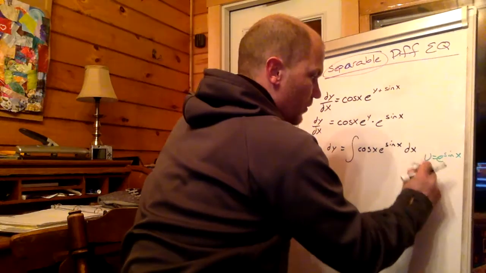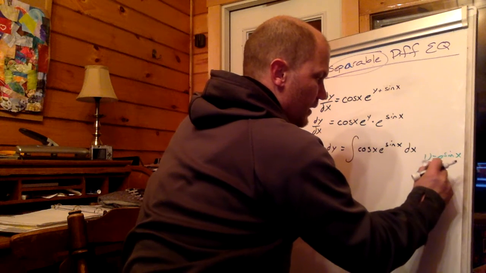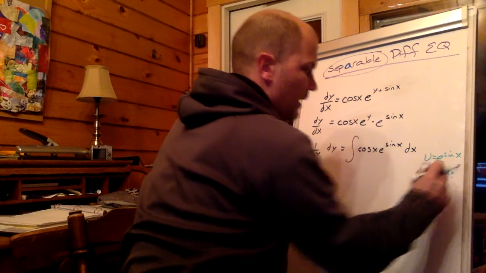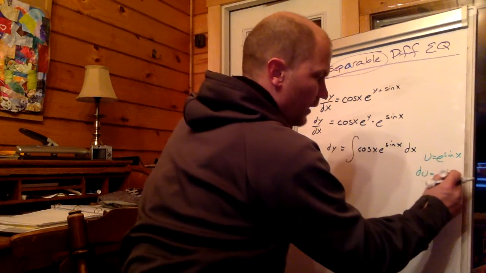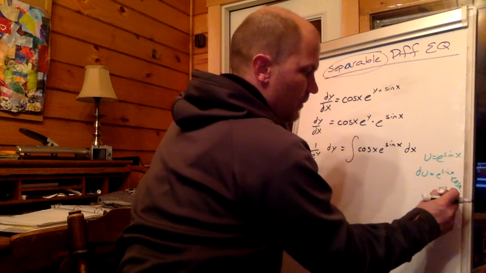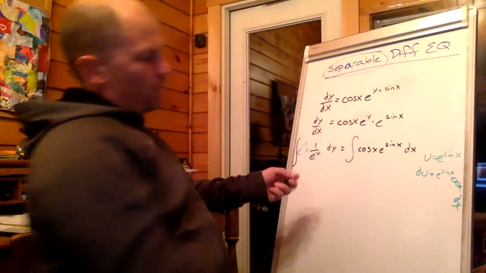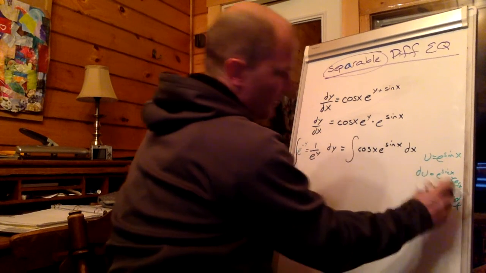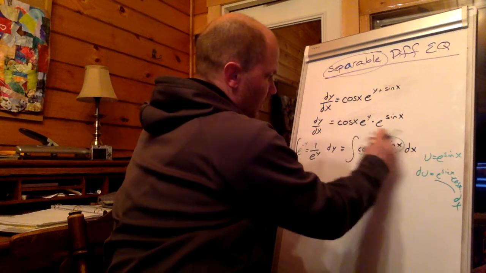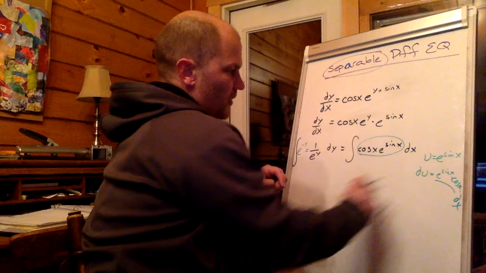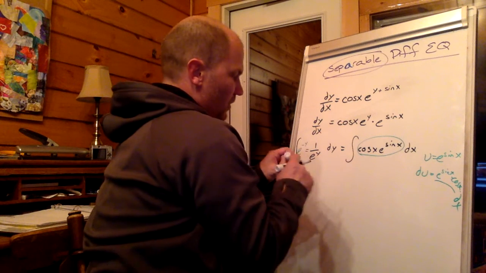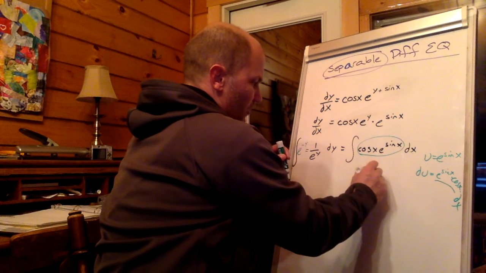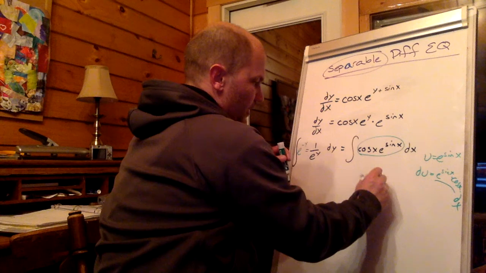Therefore, du is e to the sine x times the derivative of sine x, which is cosine x, times dx. Pardon me for bringing it around, but look at this. E to the sine x cosine x, that's the same as that. So this substitution basically turned this right side into the integral of du.